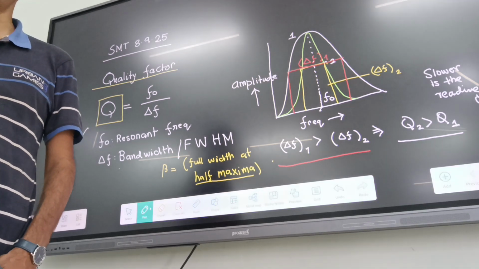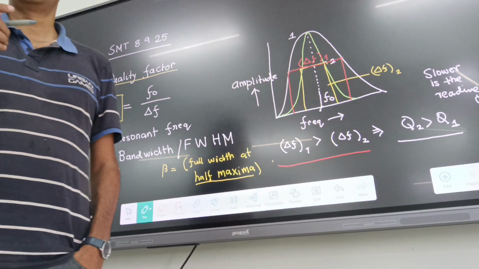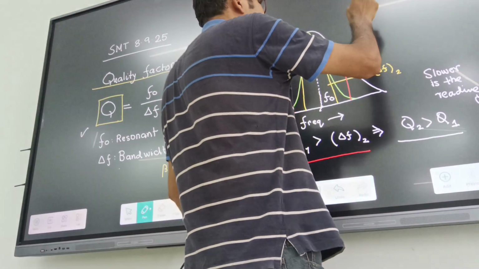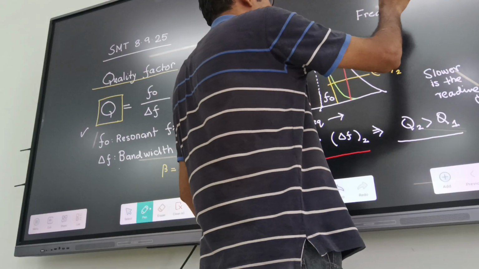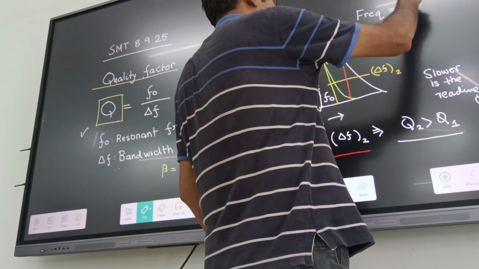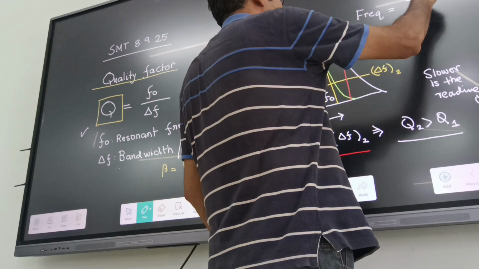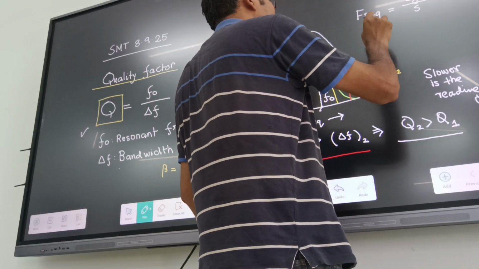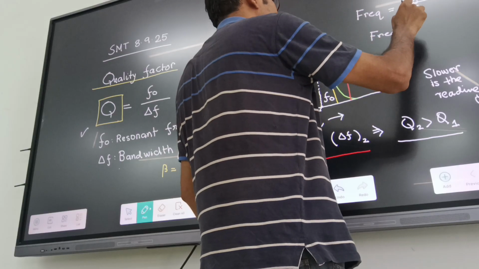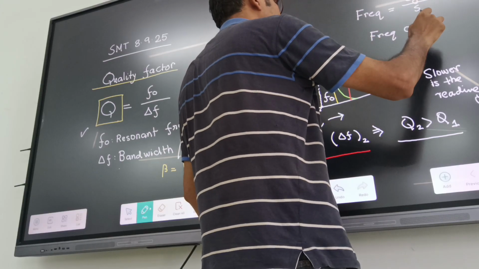Frequency is inversely proportional to time. Frequency means what? Frequency is basically cycles per second. So frequency is inversely proportional to time.